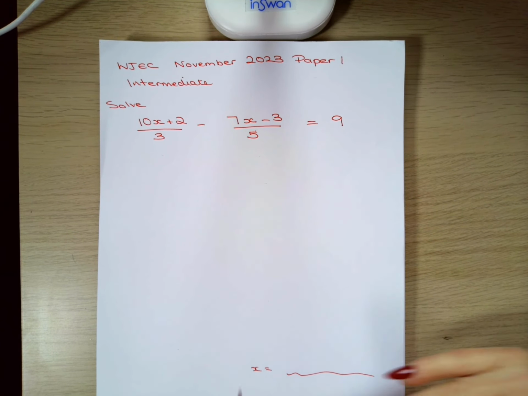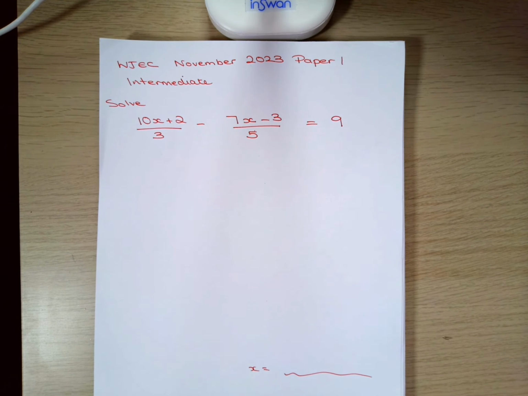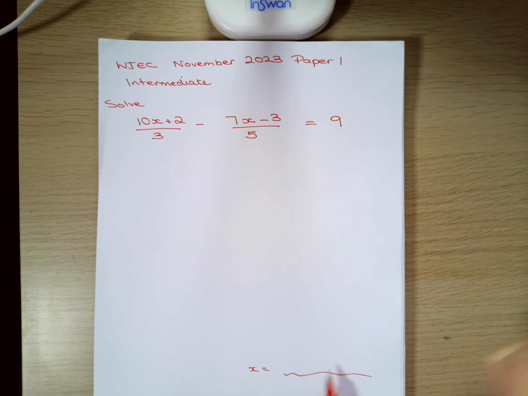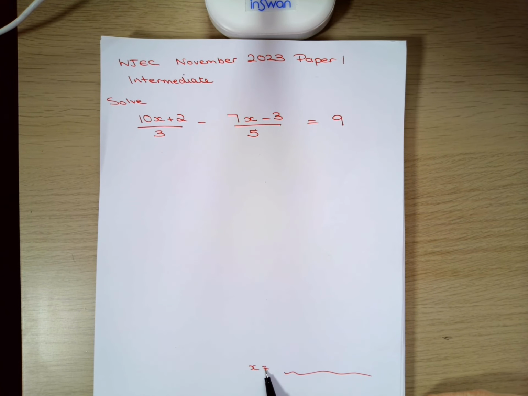Now, here we've got a fraction and then another fraction. Our answer is just x. It's not x over something. Yes, the answer could be a fraction, but ultimately what we are doing is stripping away everything from the left-hand side of the equal sign to just leave a single x.